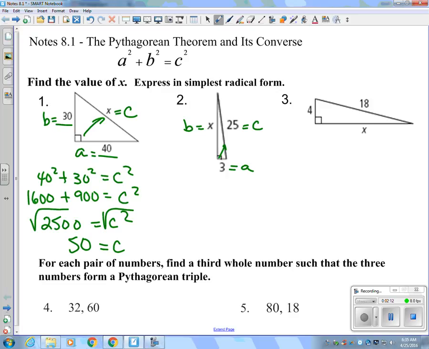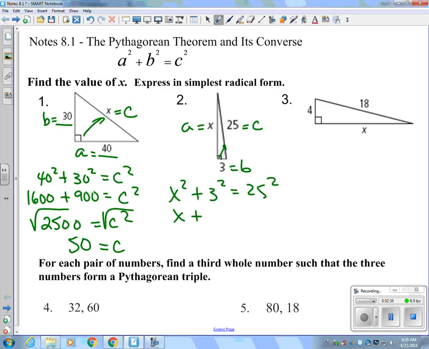Or if you'd rather switch the A and the B, you can do that because A doesn't have to be on the bottom, which might make this question a little bit easier. A just has to be one of the legs. It doesn't say it has to be the bottom, so you could do the A on the side if you'd like. So x squared plus 3 squared equals 25 squared.